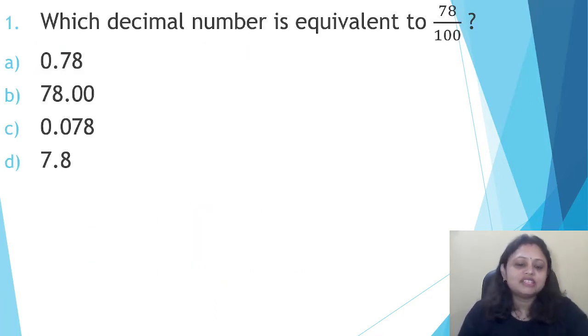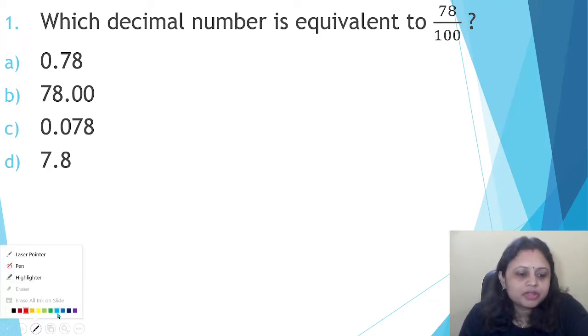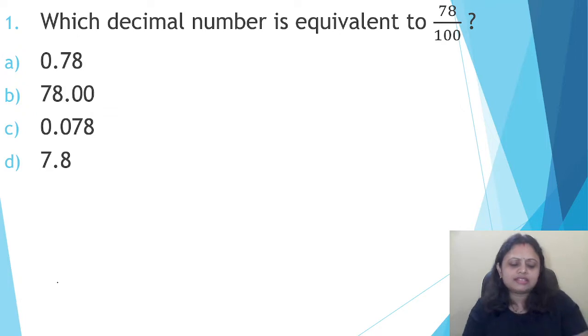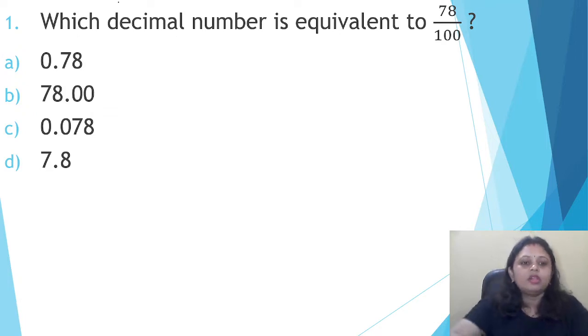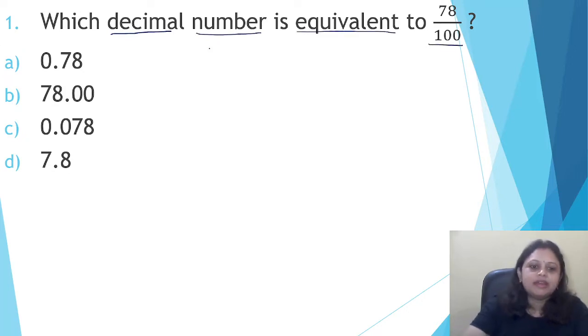Our first question: which decimal number is equivalent to 78 by 100? Option A 0.78, B 78.00, C 0.078, D 7.8. So here the question asked is, which decimal number is equivalent to 78 by 100?